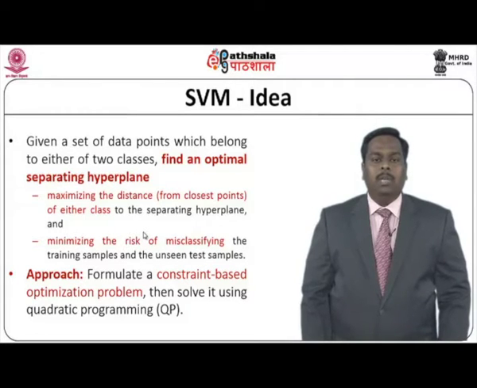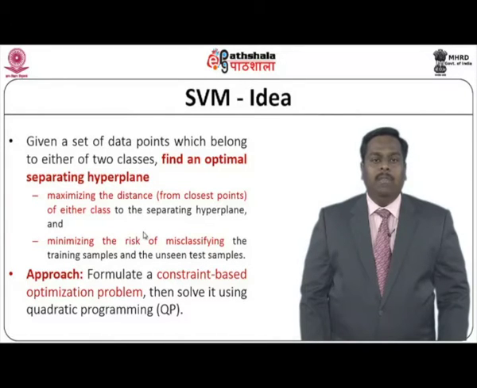So, the objectives of SVM here are, first, to maximize the distance. Suppose you have a hyperplane with which you can clearly distinguish between one class of data and another; then the margin between these two classes must be maximum. Only then can we conclude that the hyperplane defined by means of the support vectors is optimal.